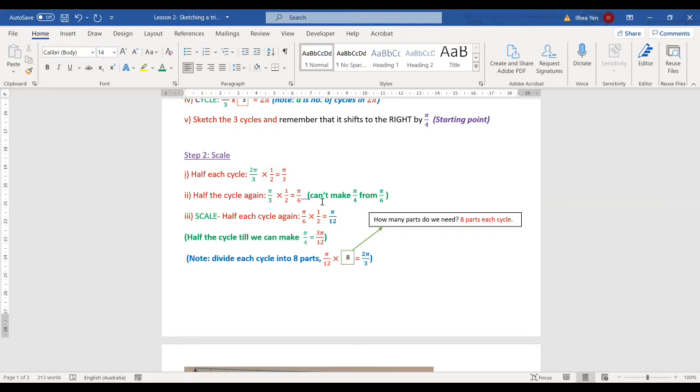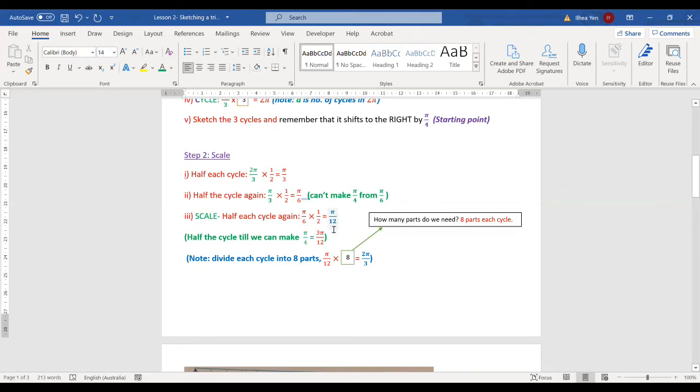If our scale is pi over 6, it's going to be hard to space it out, because it's going to go up by pi over 4 and we have a scale of pi over 6. So what I'm going to do is halve this again, and when I do that, I will get pi over 12.